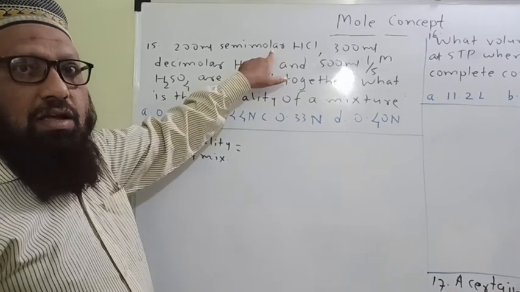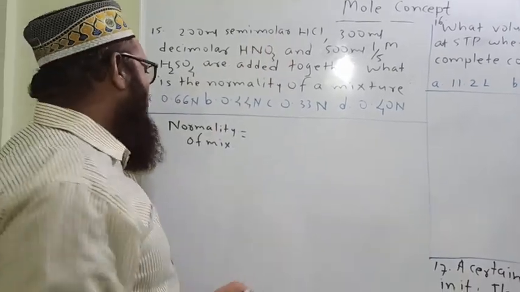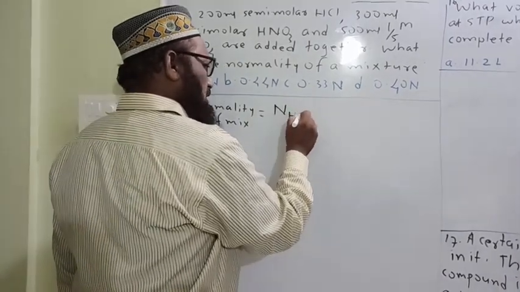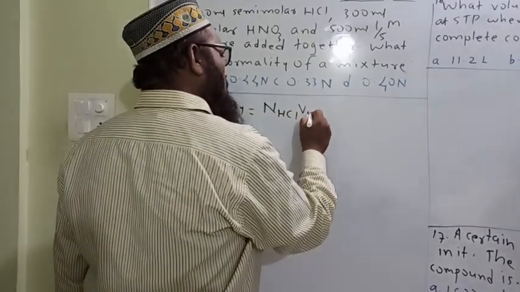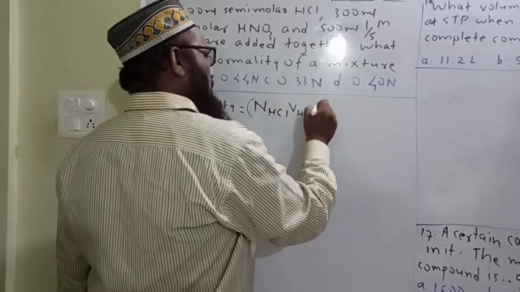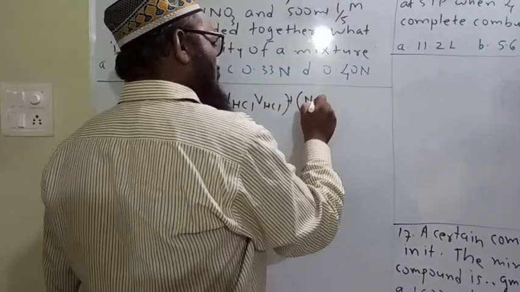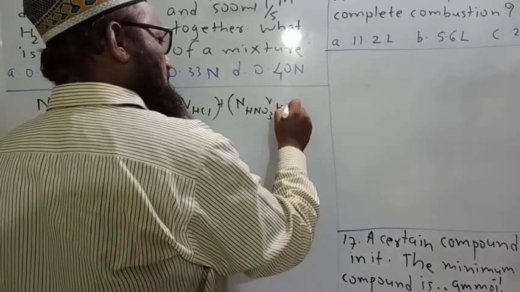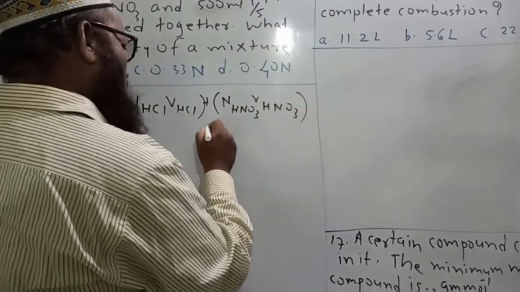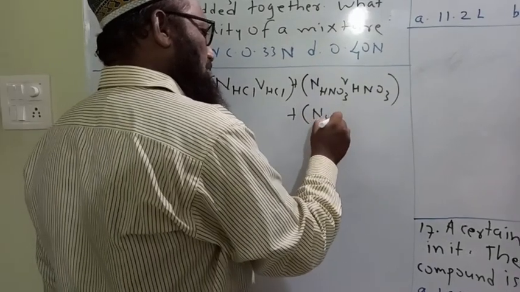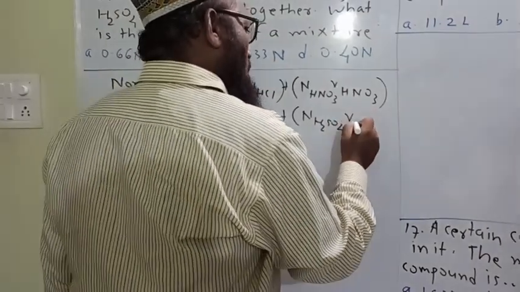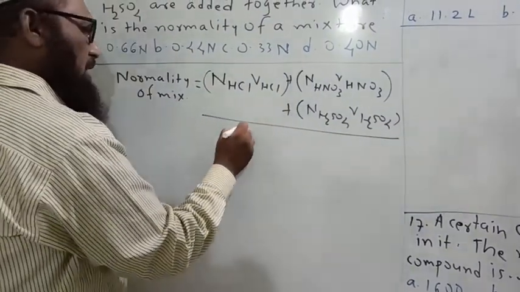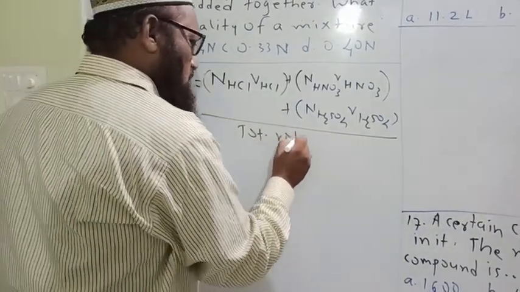Molarity. What is the relationship between normality and molarity? We know that, first I write down the formula. N of HCl, normality of HCl into volume of HCl plus normality of nitric acid into volume of nitric acid plus normality of sulfuric acid into volume of sulfuric acid, whole divided by total volume.